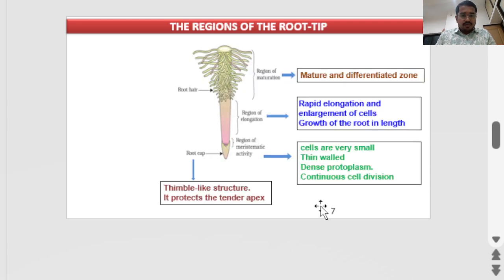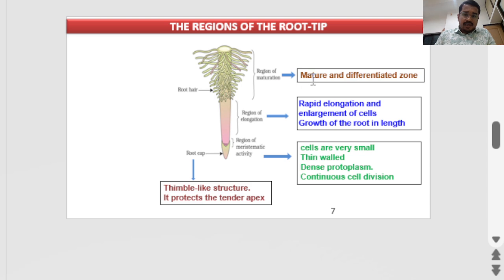Now we will move towards another part, that is the regions of roots. Here you can see, students, the root has three important regions going from the base towards the apex: region of maturation, region of elongation, and region of meristematic activity.